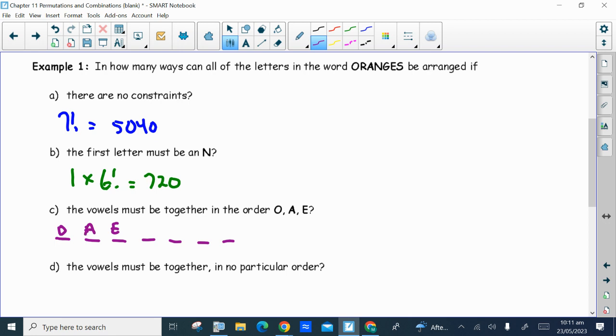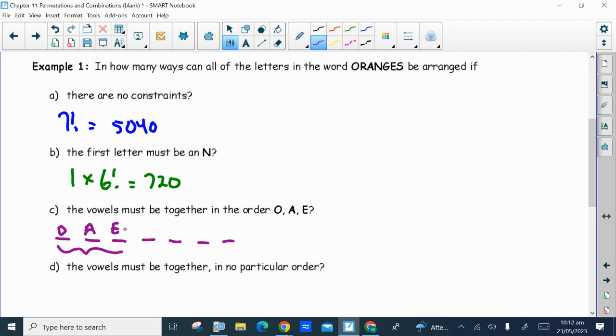So what that means is they count as one object to arrange. If they slide over one space, they all slide over together. You'd have the first space empty, then the next 3 filled, and then the last 3 empty. It doesn't matter how far they slide over, but they have to stay together. They count as one object to be arranged.